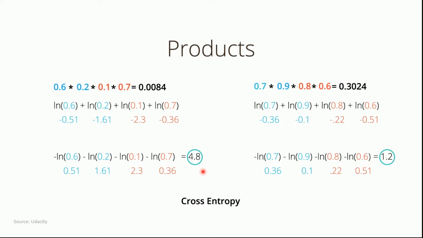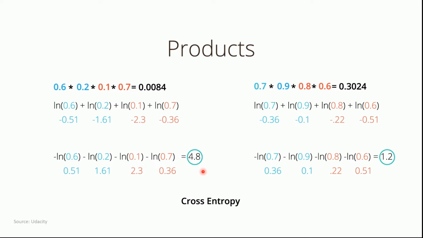So logarithm of 1 is 0, so it doesn't add anything to the overall cross entropy, okay? It doesn't contribute to the cross entropy. While the logarithm of 0 is in fact infinity. Now, the closer we are to 0, the larger negative numbers we get. The closer we are to 1, the smaller negative numbers we get.